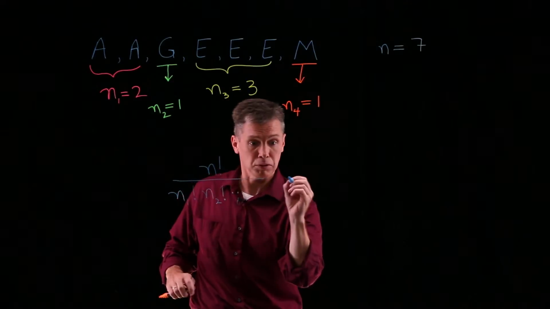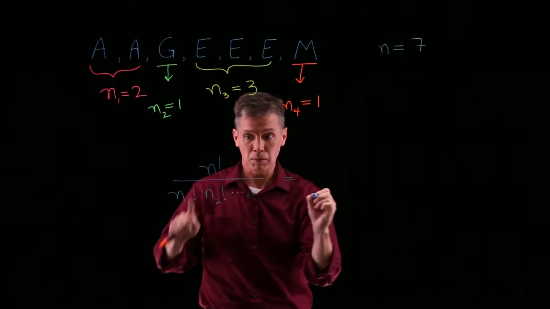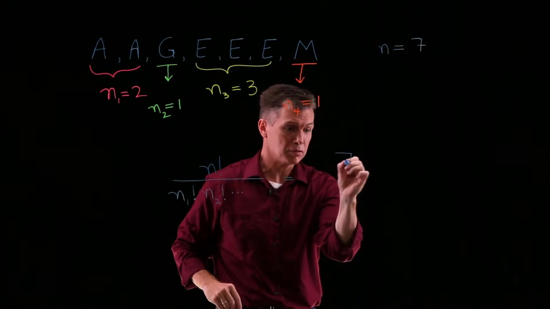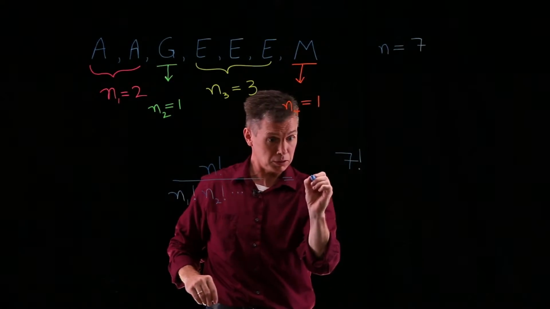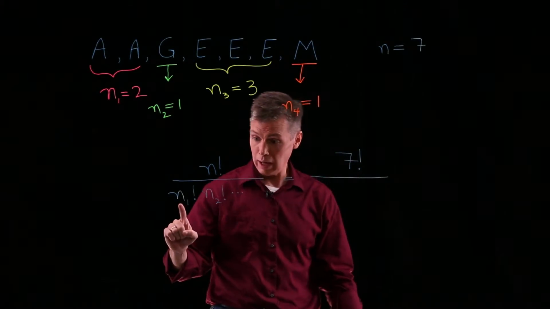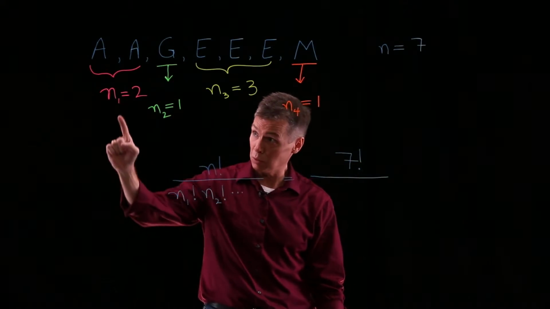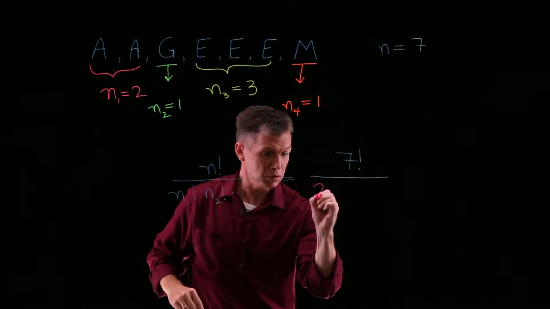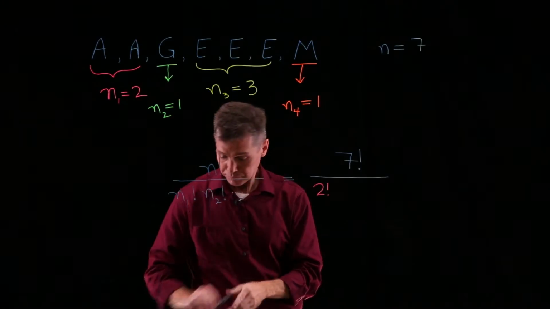Switch over here to blue. This will equal my n, which was 7. I'll have 7 factorial in my numerator. My n sub 1 was 2, so down here I'm going to have a 2 factorial.